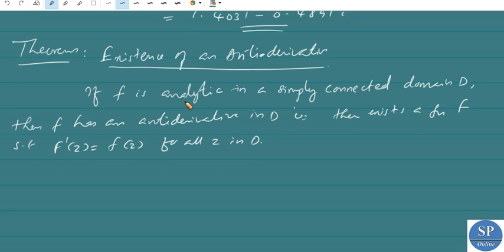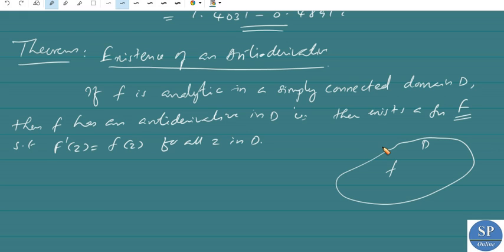Suppose we have a simply connected domain D and in this D, if f is analytic, then f has an antiderivative in D. That means there exists a function F such that F dash of z is equal to small f of z for all z in this D. Okay, that is the existence of an antiderivative.